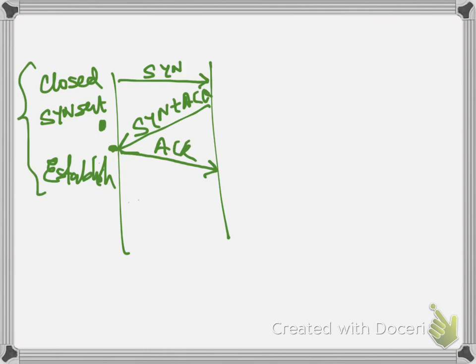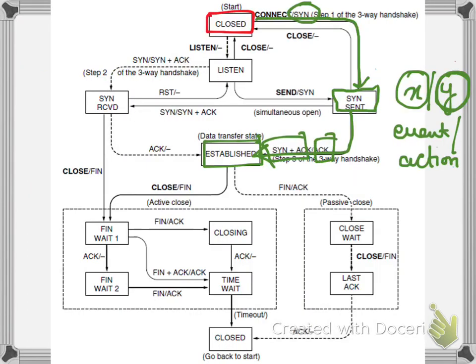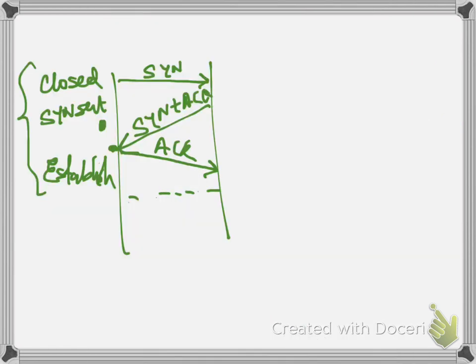Now let's say data transfer takes place, all this data transfer is happening. Now it wants to stop the connection, it wants to close the connection. So it will issue a close primitive, or call the close function, and it will send the fin segment.